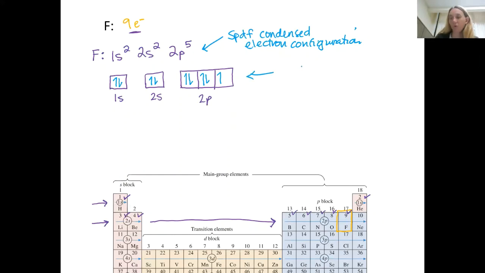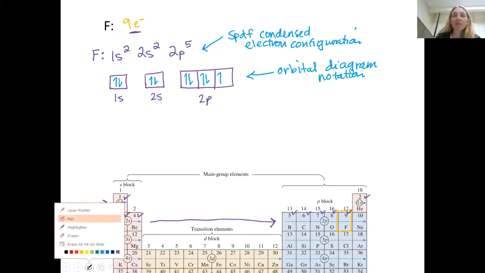This is called the orbital diagram notation. Okay, so what it does is, if I just say, what's the electron configuration, then you can write any of these. If I say, what is the condensed notation, you can write this.